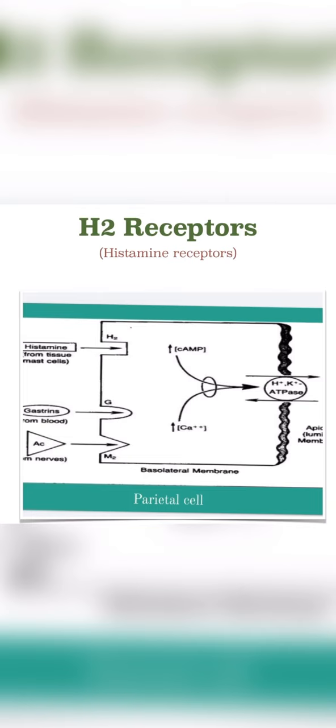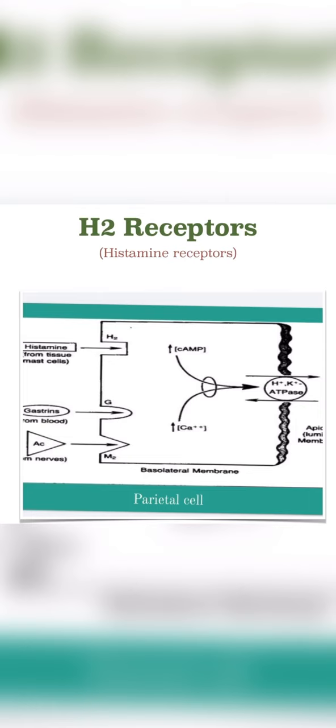So when the H+/K+ proton pump is activated, there will be an antiport movement of the H+ ion from the parietal cells to the gastric lumen, and K+ ion from the lumen to the parietal cells.